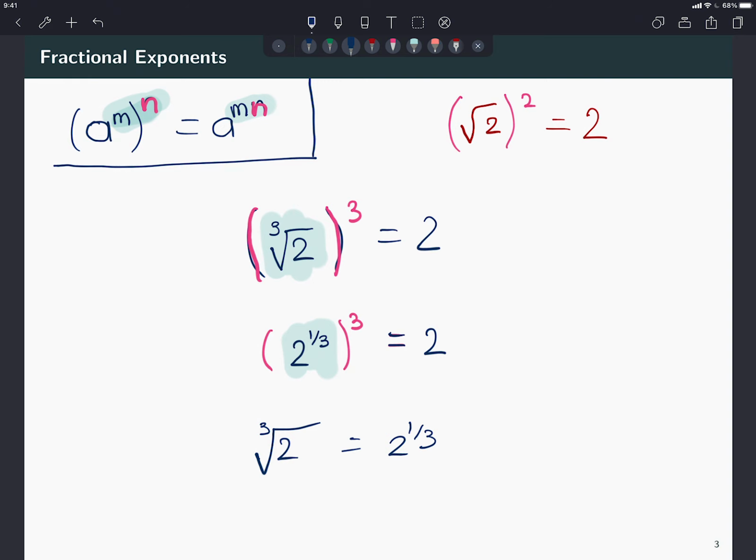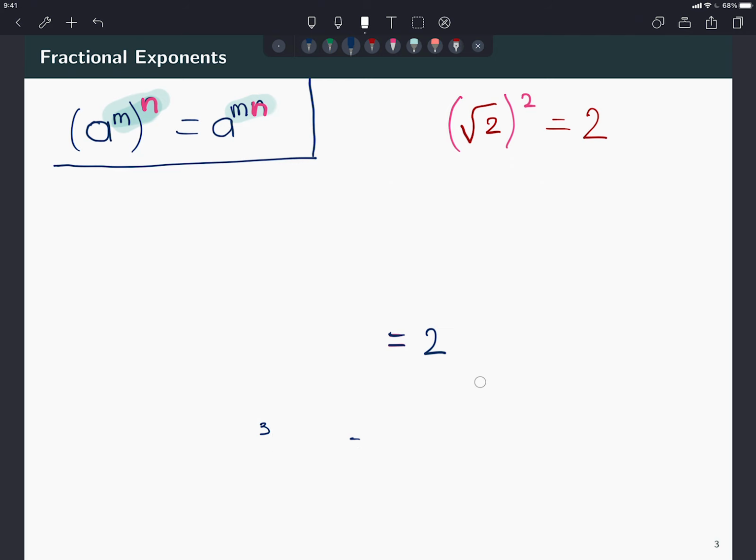And there's nothing special about this example. If I give you any example, if I say 3 to the 1/5, it's going to be the same as the 5th root of 3.